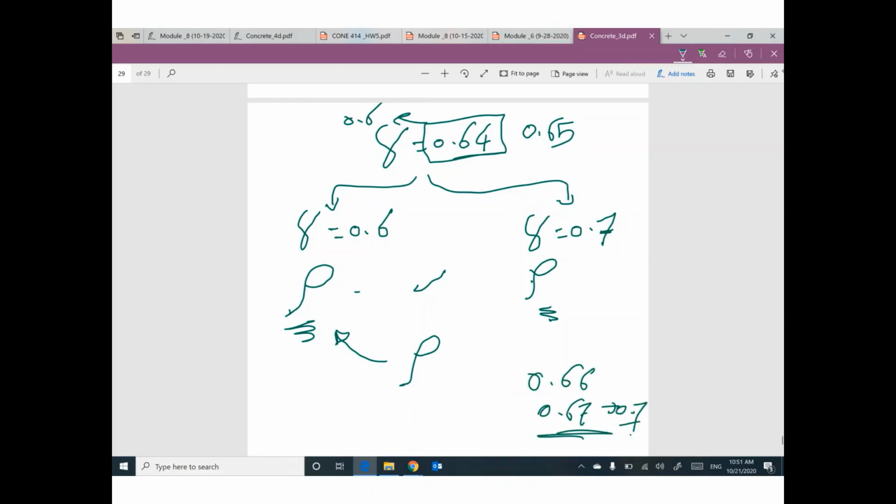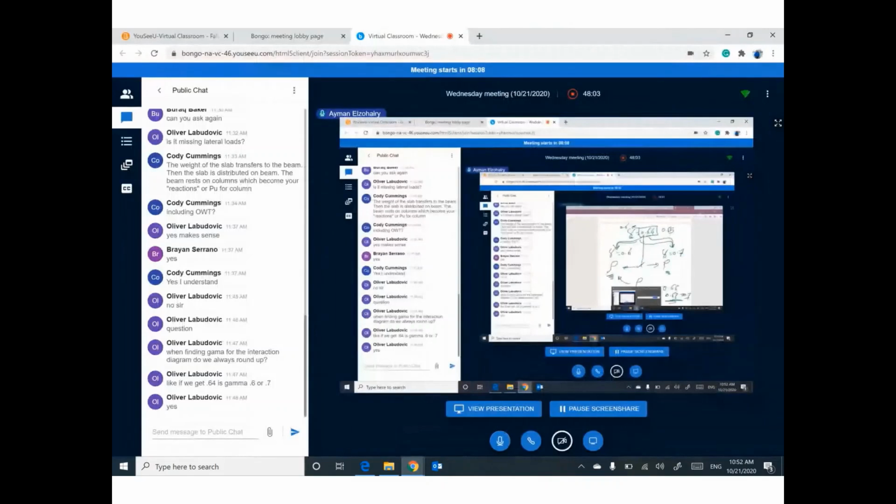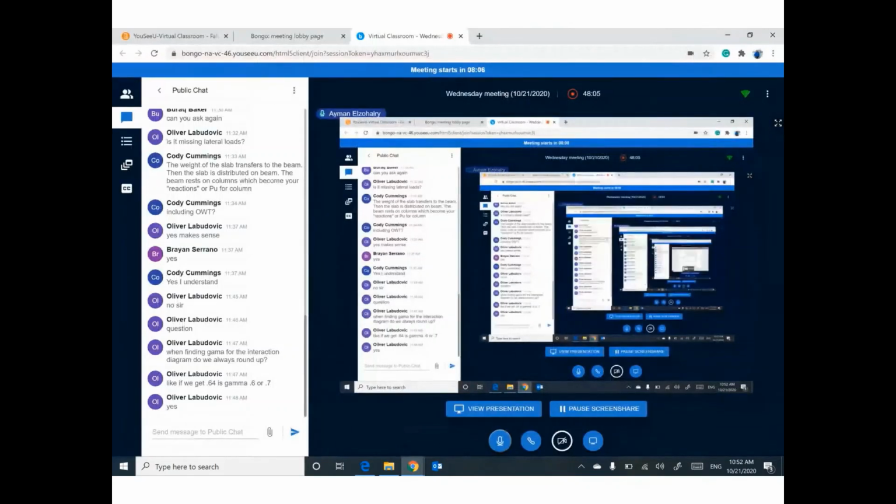This is the best answer. You have to figure out using gamma for the smallest value and for the greater value. Then the actual value will be something in between by interpolation. Okay. So in the exam, if your value is 0.64 and you assumed 0.6, that's fine. If you assumed 0.7, that's fine.